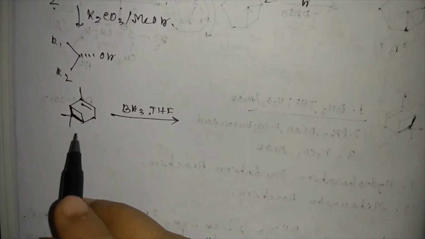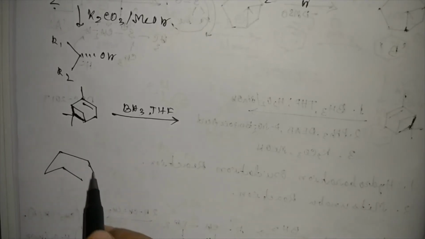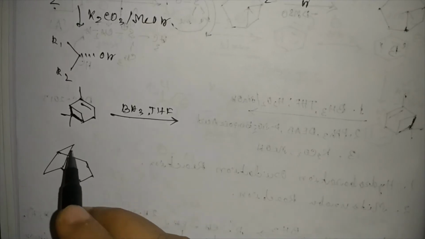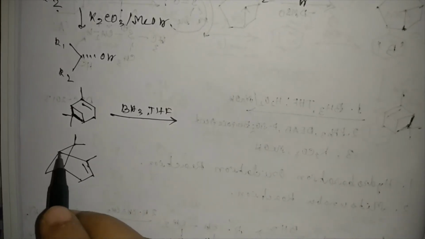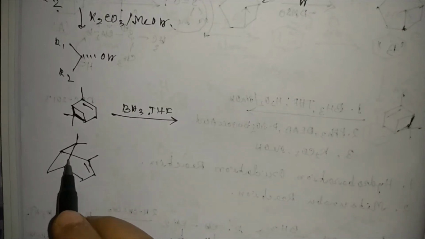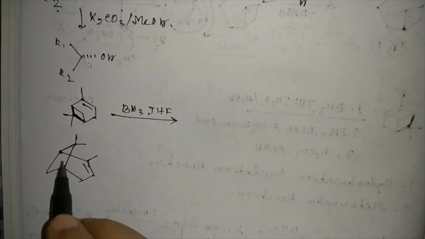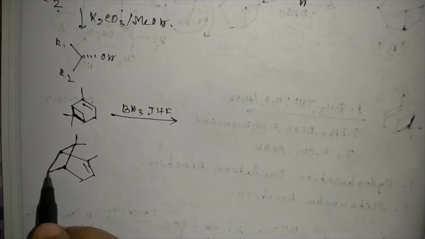It is a bridged system like this. It is a bridged system. Now these two carbons are bridgehead carbons. This is above the plane and here there is a one carbon atom bridge and here is a three carbon atom bridge.